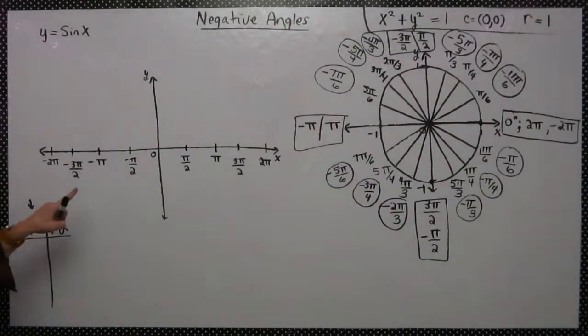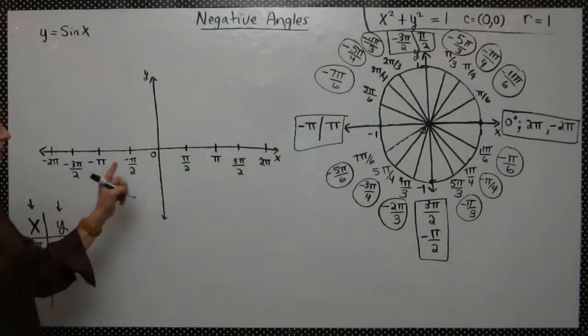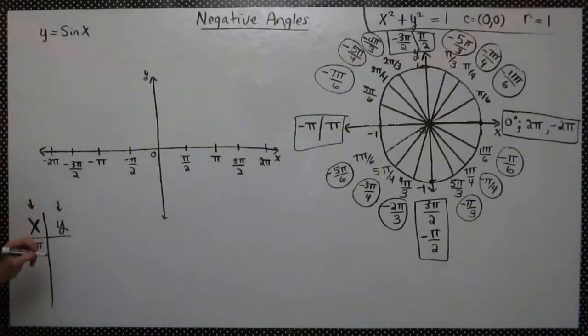So the values that I'm picking here, I'm going all the way out from negative 2 pi all the way to positive 2 pi. So I'm going to list all these values in order from least to greatest. Okay. So I've got negative 2 pi, negative 3 pi over 2, negative pi over 2, 0.